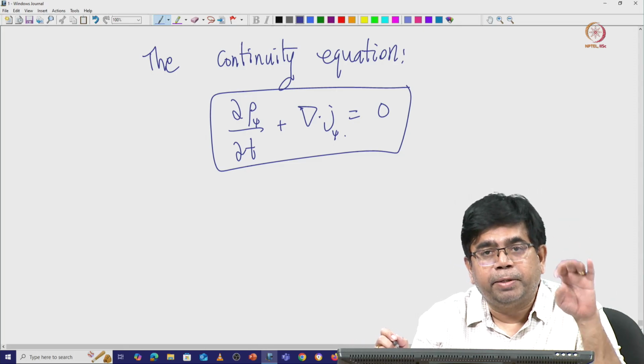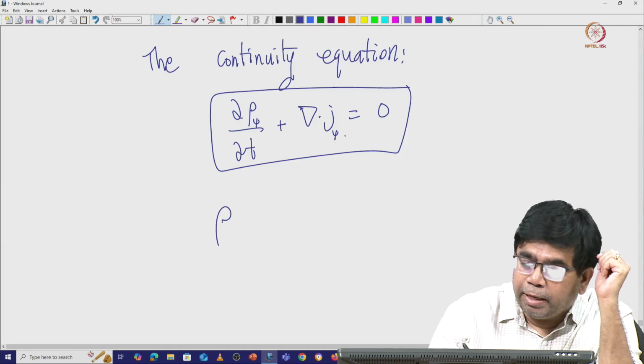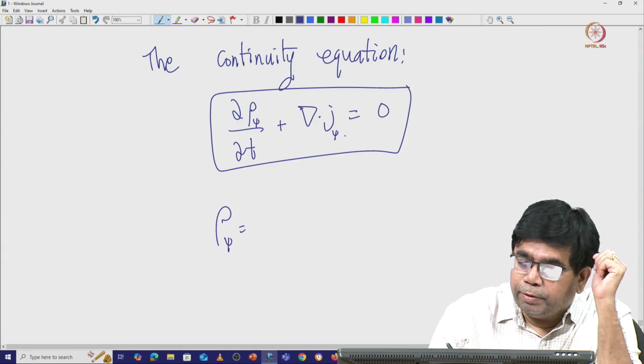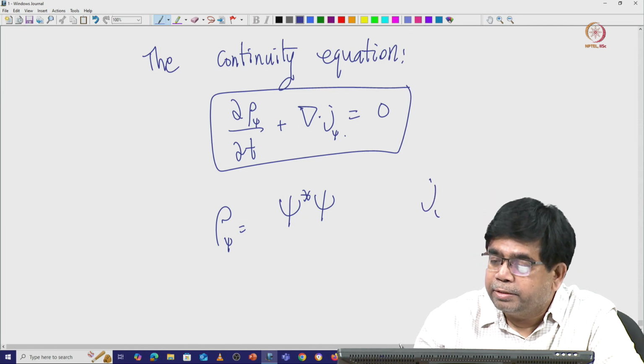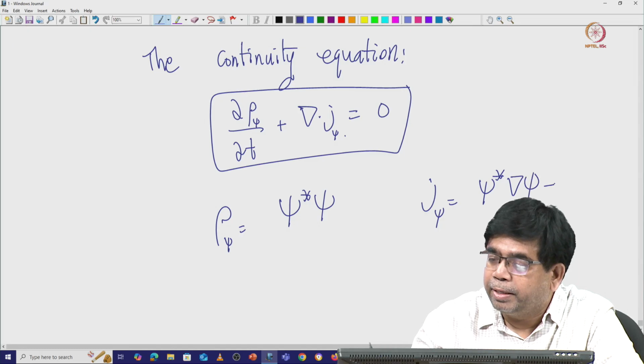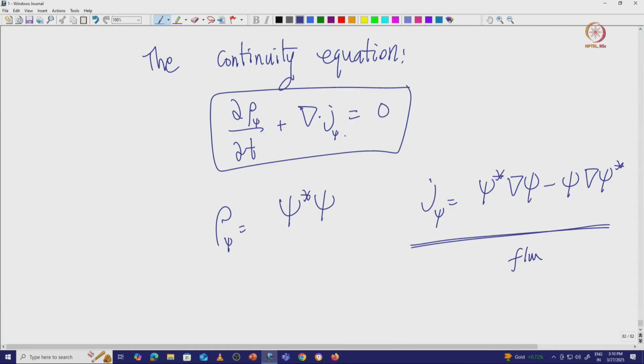This has the same form as in classical electrodynamics. Now rho psi is equal to psi star psi, integrated over all space, and J psi is equal to psi star del psi minus psi del psi star. So this gives you the probability density, and this gives you the flux.